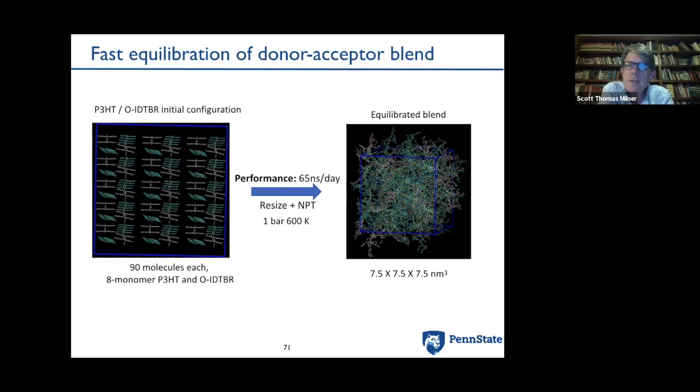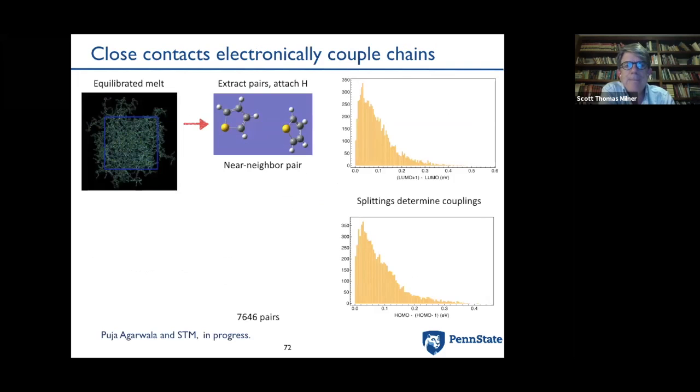And then what do we want to do with that? Well, we're interested in electronic properties of the intimate contacts between the two kinds of molecules. So we can sample many meaningful geometries of where these two dissimilar molecules come into intimate contact, or as a sort of warm-up exercise, in just a polythiophene melt, where different chains come into intimate contact.